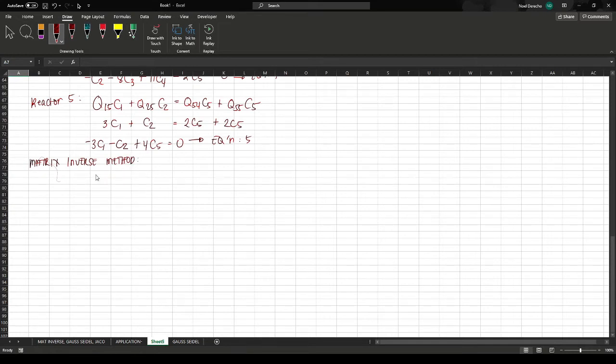So matrix inverse method, translating the 5 equations into a matrix, we have here first is for C1, C2, C3, C4, C5, and the constants.